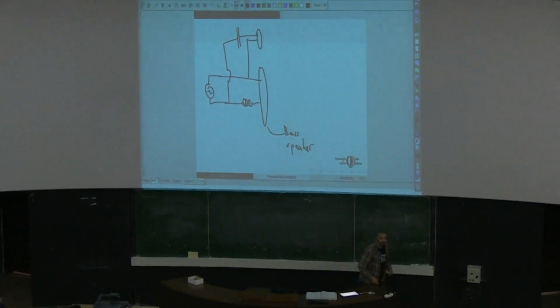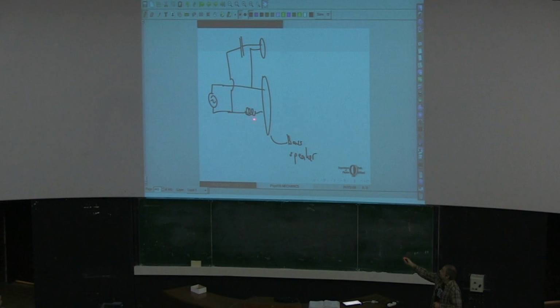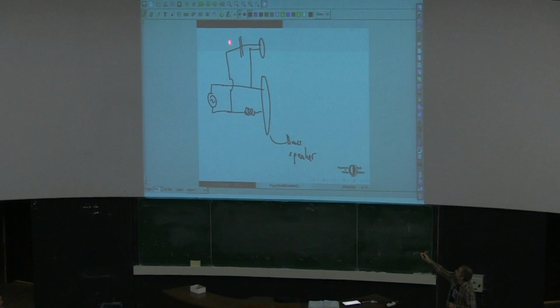Now what this will do is, in the signal, this inductor will prevent high frequencies from reaching your big speaker, and this capacitor here will prevent the low frequencies from reaching the small speaker.